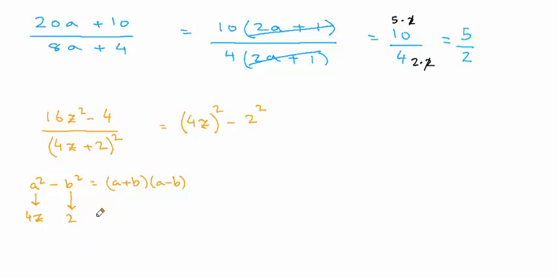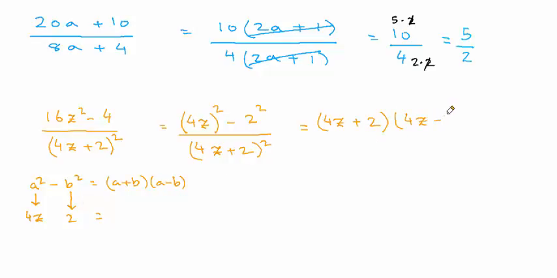Then we can apply that formula, which we will do in the next step. Let's just rewrite the bottom as (4z plus 2) whole squared. Now this is going to be equal to a plus b, where a is 4z and b is 2, times a minus b.